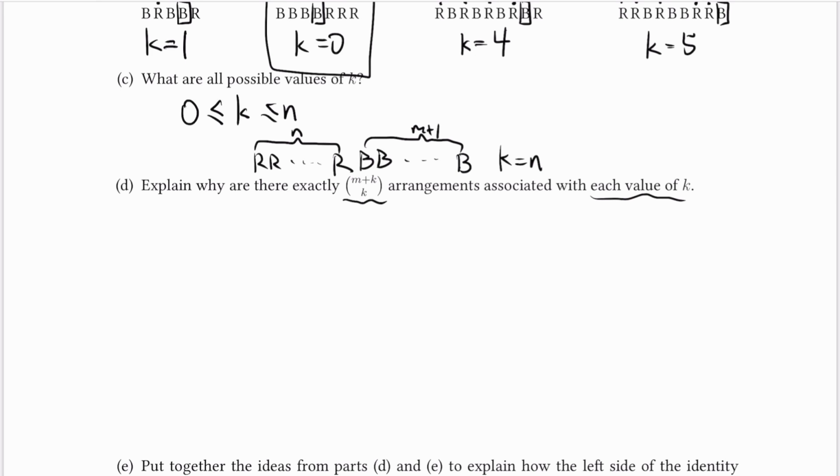Here, k refers to the number of red marbles to the left of the rightmost blue marble, so let's just fix the rightmost blue marble first.